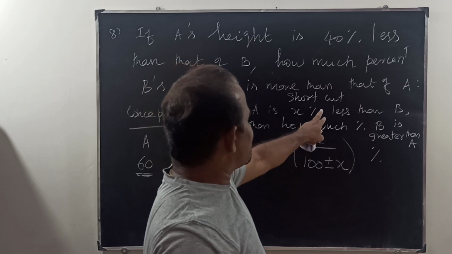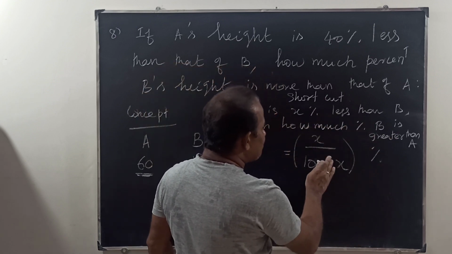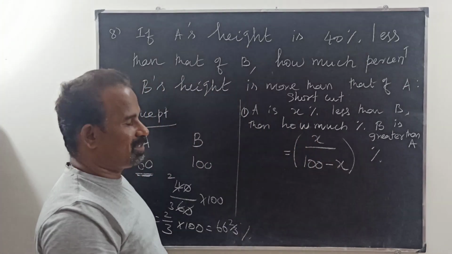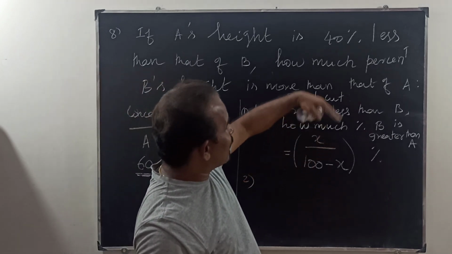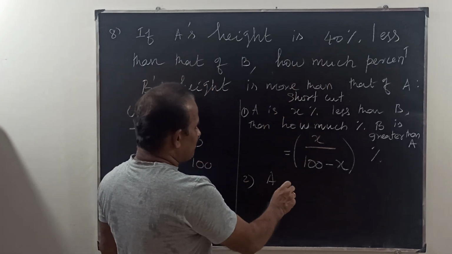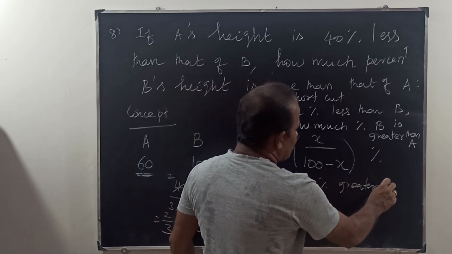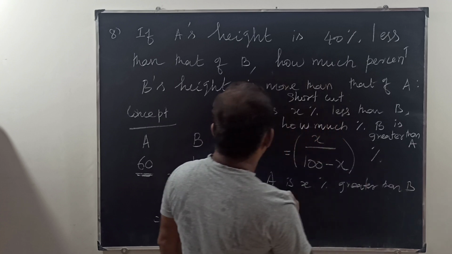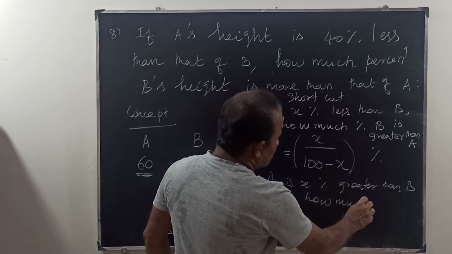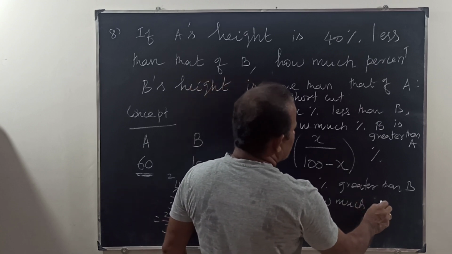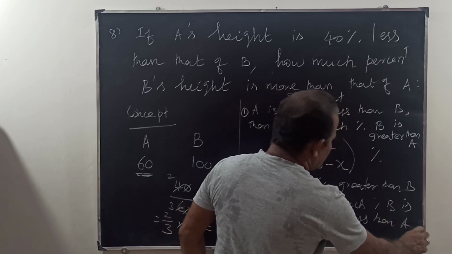So therefore here is less, here is greater than means the denominator should be less. Number 2, A is X percentage greater than B, then how much percentage B is less than A?